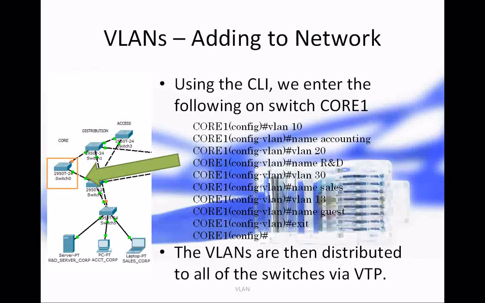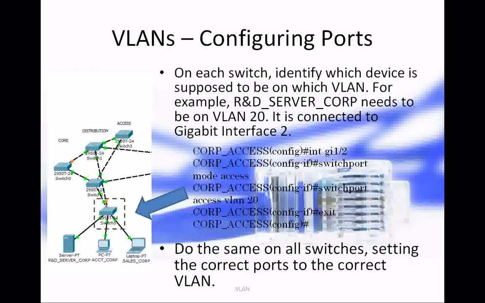Next, we have to configure which ports belong in which VLAN on access level switches. In the configure terminal mode, we enter the interface we wish to configure. If you have a set of ports, you can use the interface range command. For example, if ports 6 through 13 all belong to account devices, you can enter interface range fastethernet 0/6-13.